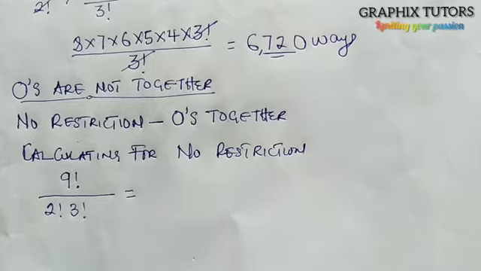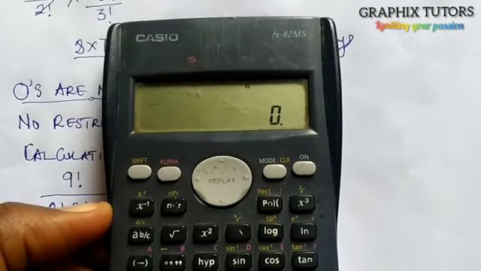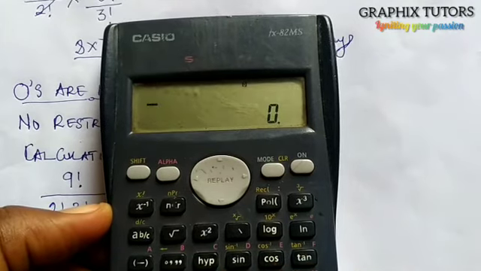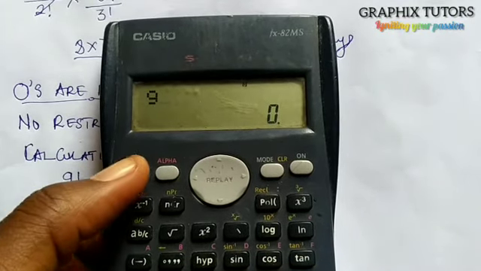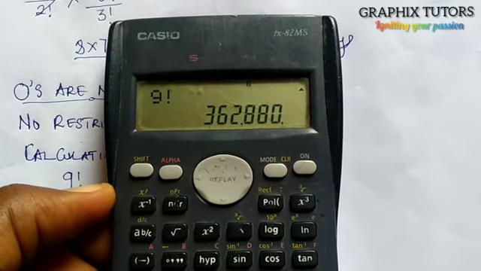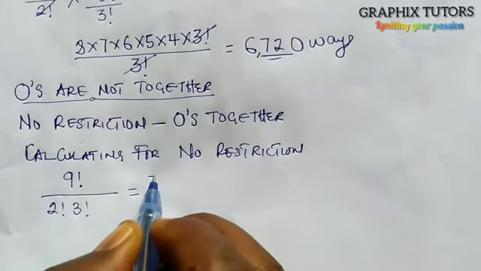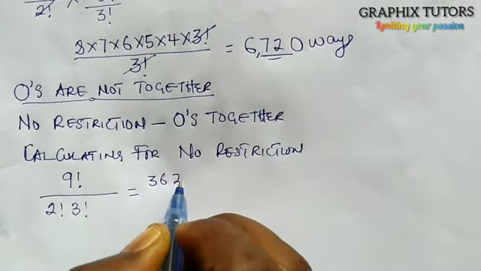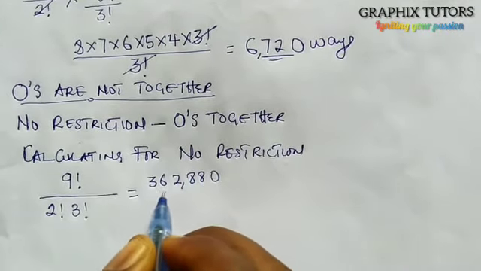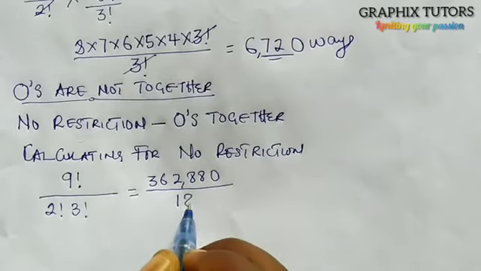And this will give us 9 factorial. If you press it on your calculator, you can just do it this way by pressing your 9, then you press shift factorial, and that will give us 362,880. So we have 362,880 all over 3 factorial is 6. 6 times 2 is 12, right?